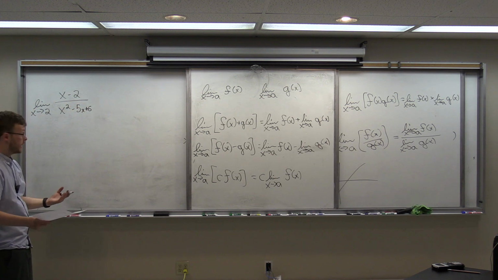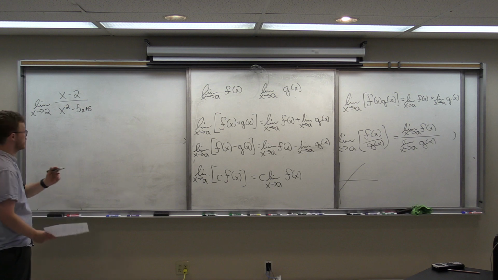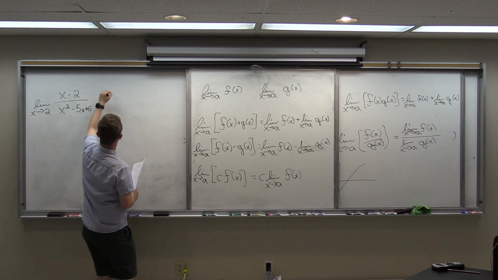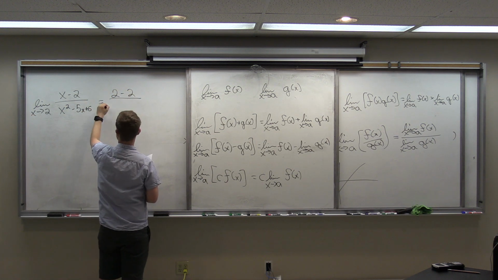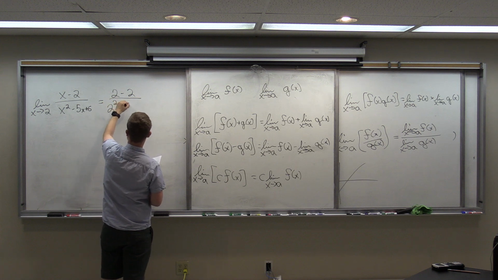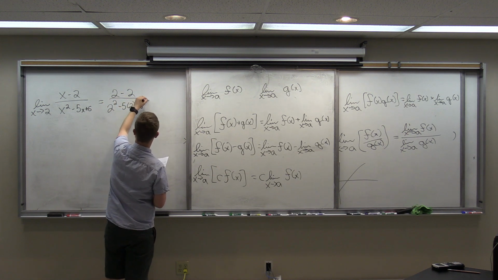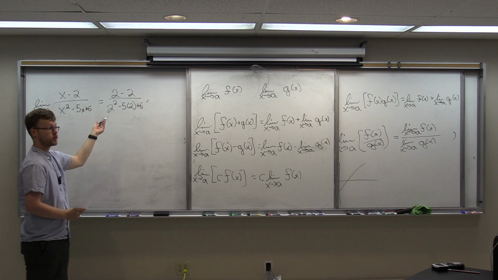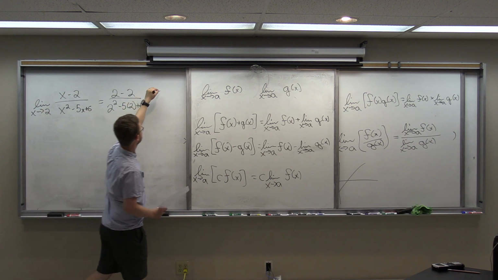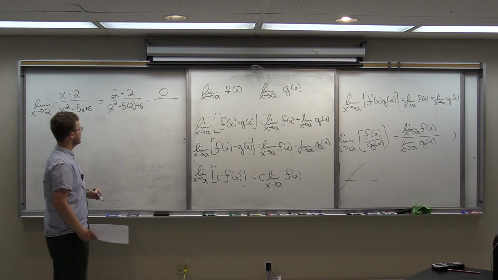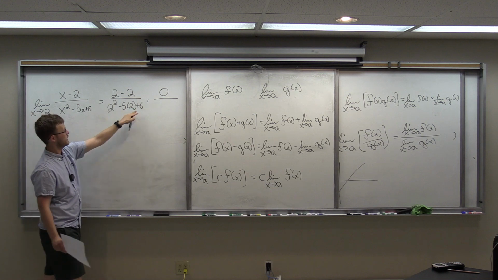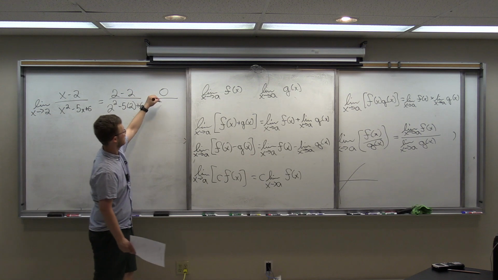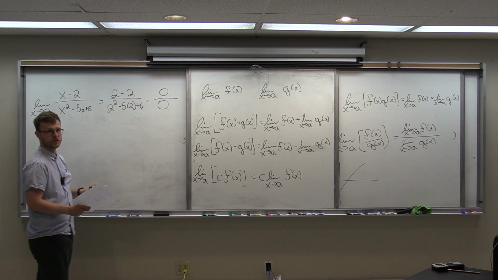Now, naively, I can just start by plugging in 2. Maybe I can plug in 2 and everything will be great. I get 2 minus 2 divided by 2 squared minus 5 times 2 plus 6. Well, the numerator is clearly 0, 2 minus 2. The denominator, I get 4 minus 10 plus 6, that is 0. Okay, I've got another 0 over 0 state.